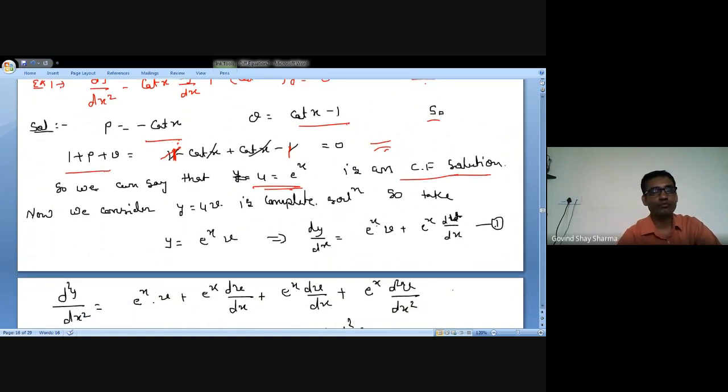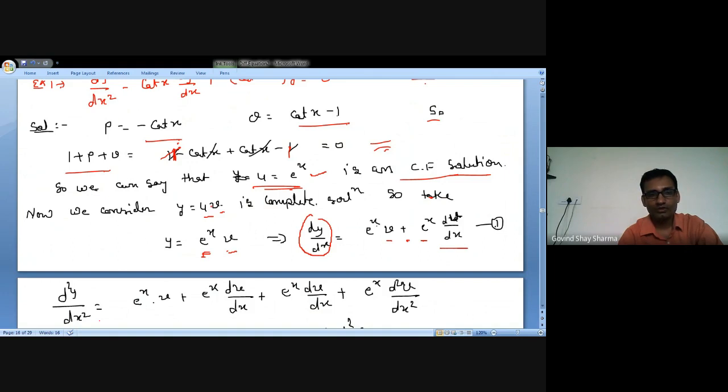solution, y is equal to uv. Put the value of u, this is the value of u and v, e to the power x. So what is dy upon dx? v is a function of x. First, differentiating e to the power x gives e to the power x times v, plus e to the power x times dv upon dx.